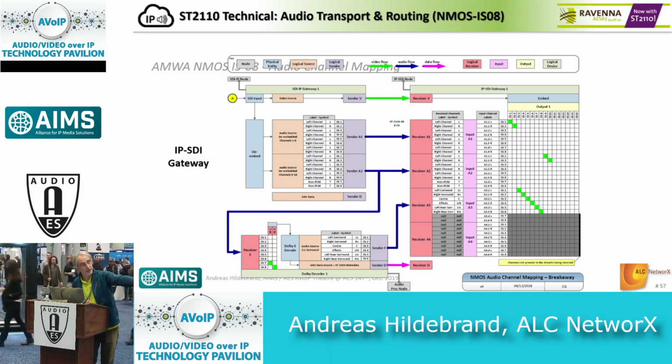Now I can tell the processing device through patching, through IS-08, that it should take the stereo signal in the first two channels and output it on channel 1 and channel 2, but should not take any of the other subsequent channels for the other immersive sound channels, but should take the Dolby E encoded stuff.